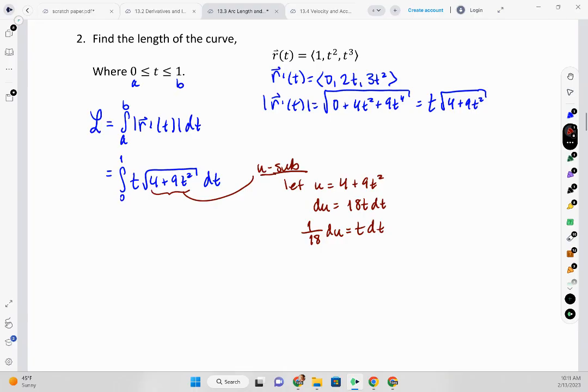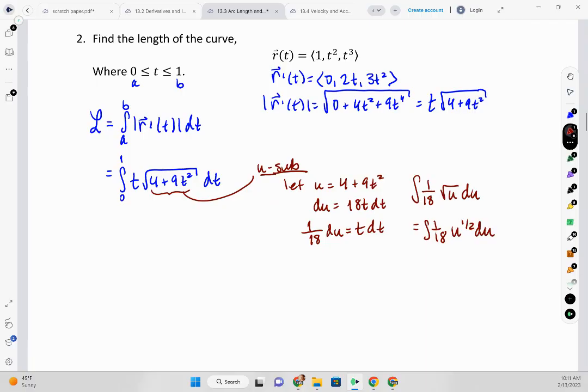So I'm going to look at this over here on the side. We're looking at just an indefinite integral, and I have a 1/18 to replace t dt. There's also a du, and then I have the square root of u du. Square root of u can be rewritten as u to the 1/2 power.